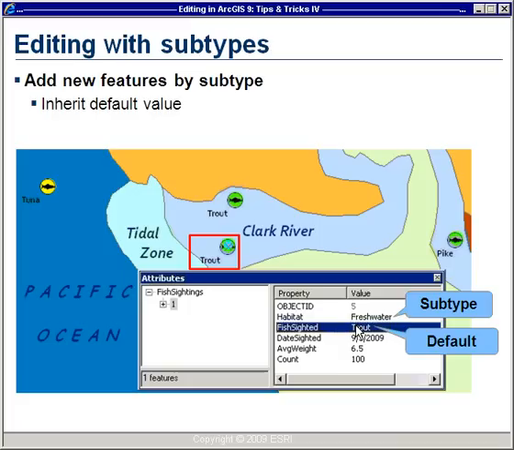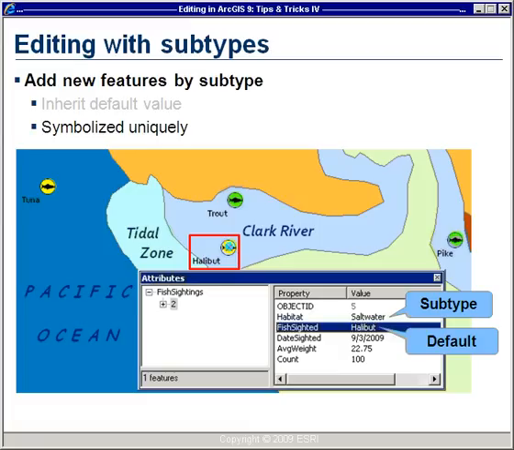But if I, for some reason, change the subtype to dual zone, now the default fish sighted was salmon, and the color changed to a magenta color, for example. And then similarly, if I change that sighting to saltwater, now the sighted fish is halibut, and also the symbol has changed.